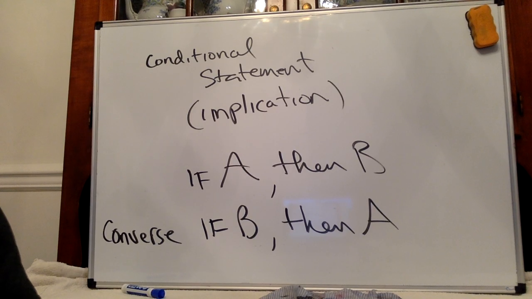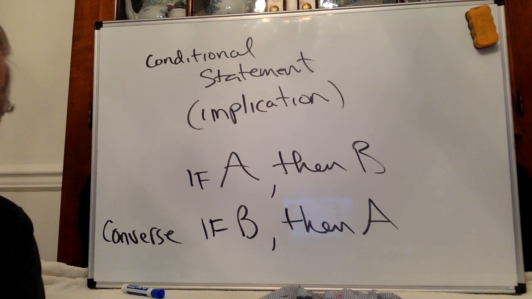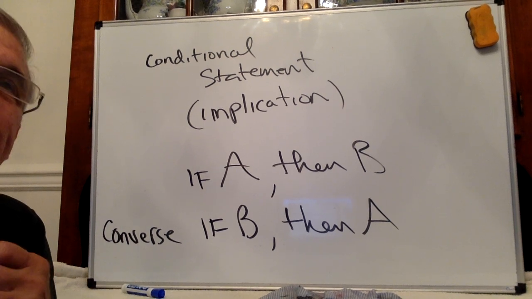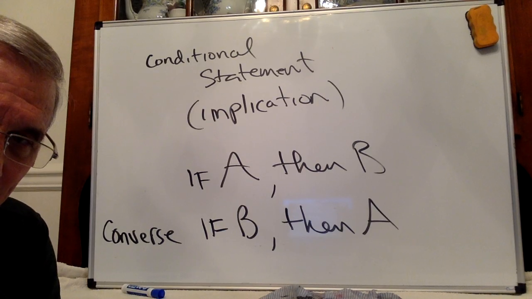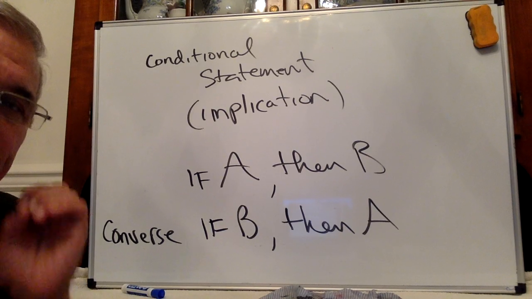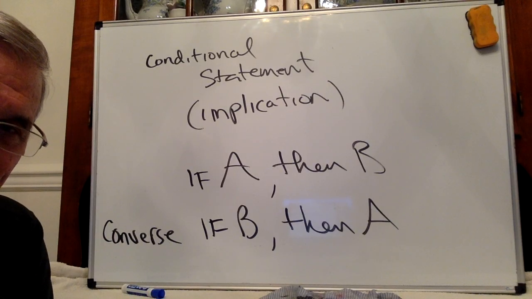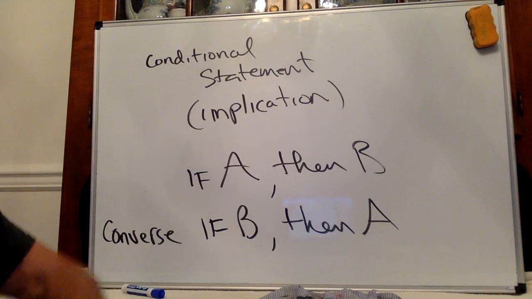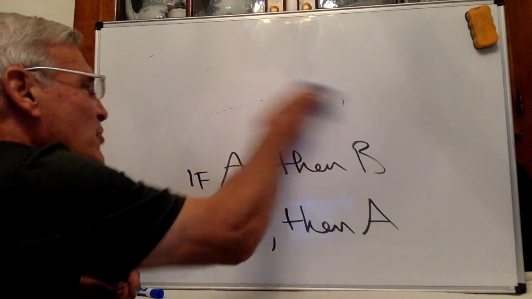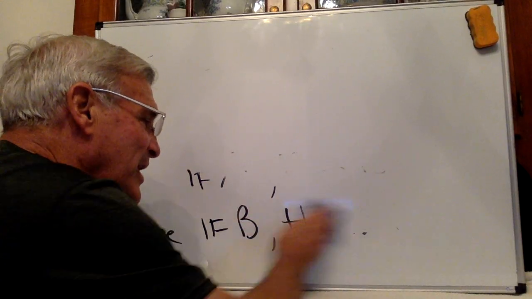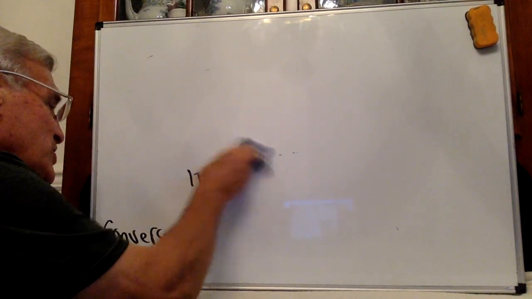So theorems and postulates may or may not be reversible. A definition must be reversible. A theorem, not necessarily. Let me show you that. We proved one theorem. We proved it the other day. Well, actually two.